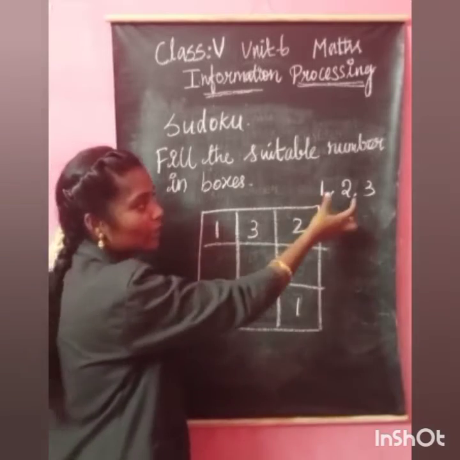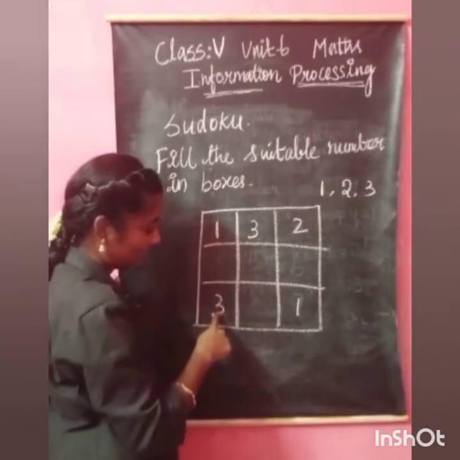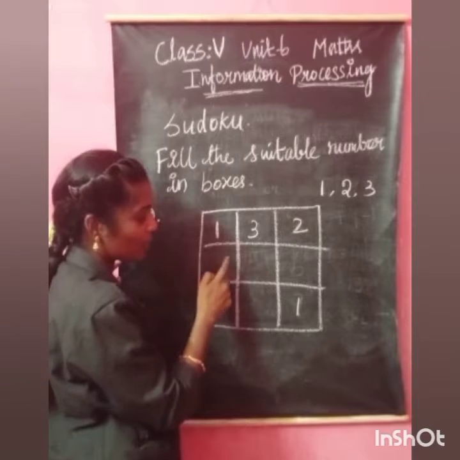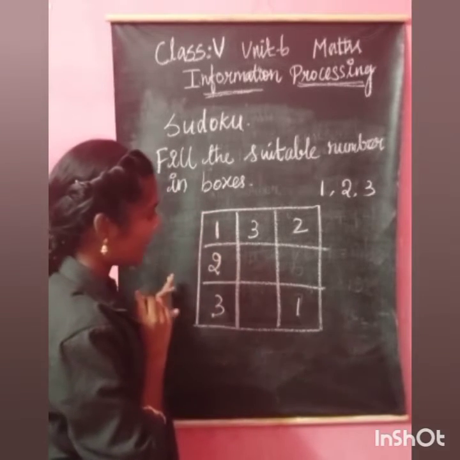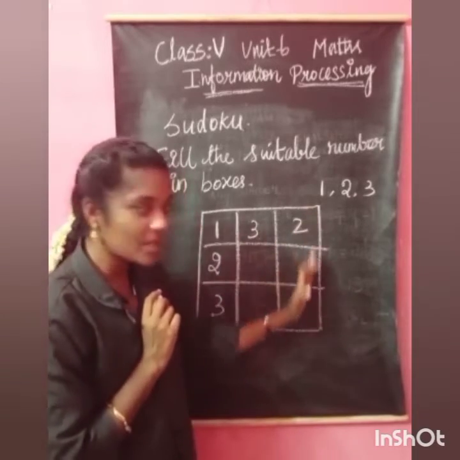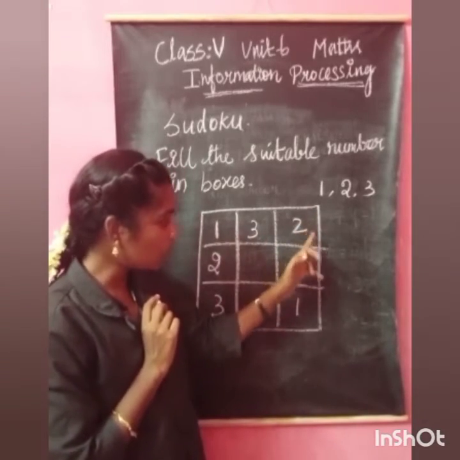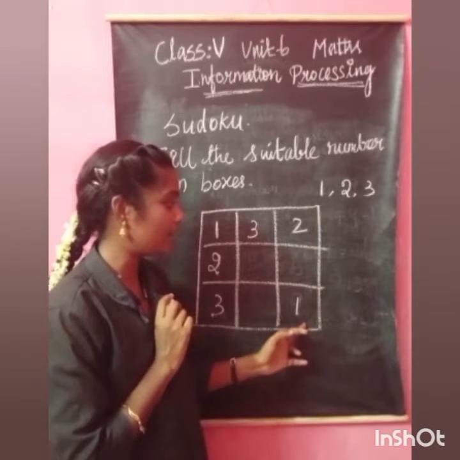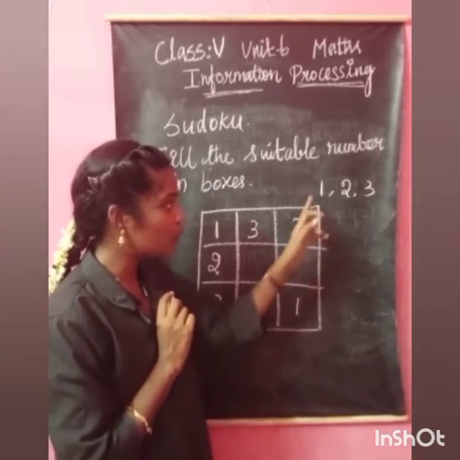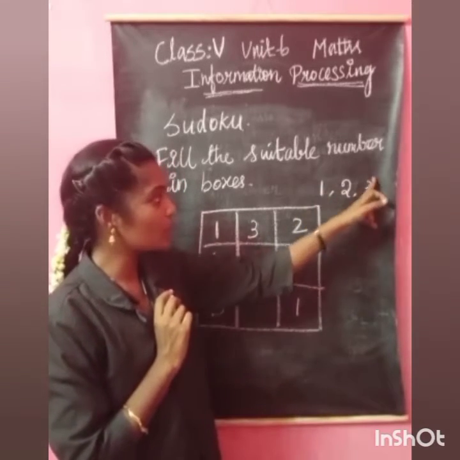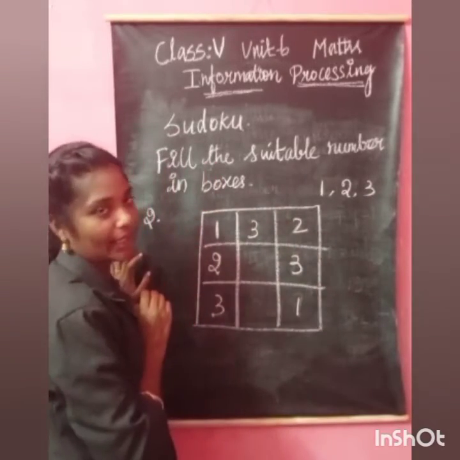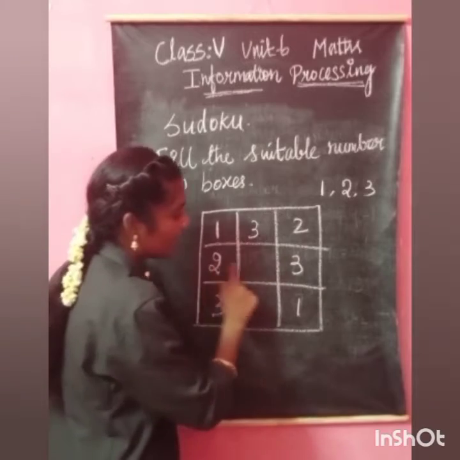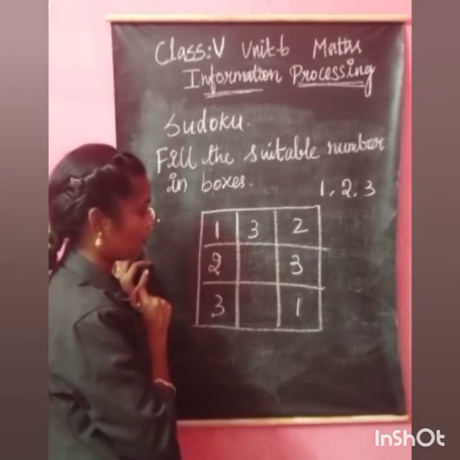Using 1, 2, 3, the missing number is 2. Next, see the last column. 2 and 1 are given. So the missing number is 3.